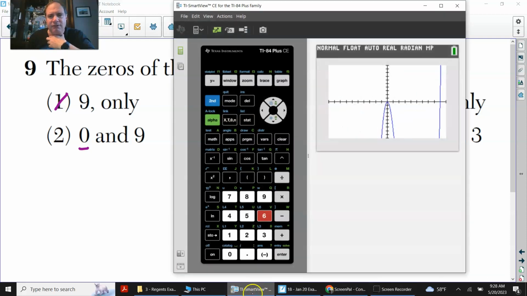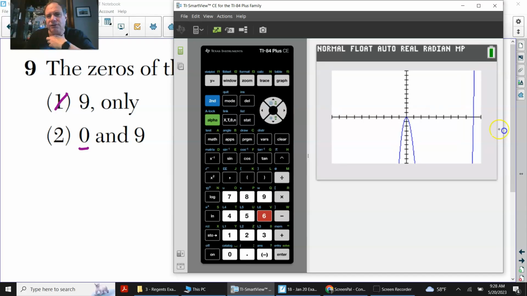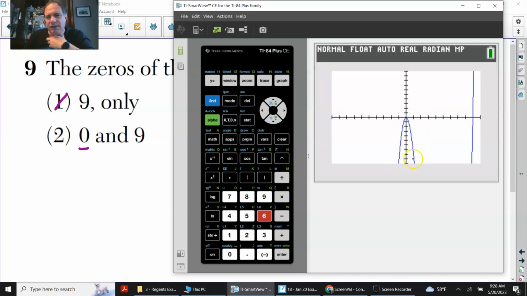So let me go back to the calculator and see exactly what's going on. It's crossing here at 0. It goes down, and then it goes up again, right? So this is the number that it crosses at. You count 1, 2, 3, 4, 5, 6, 7, 8, 9.